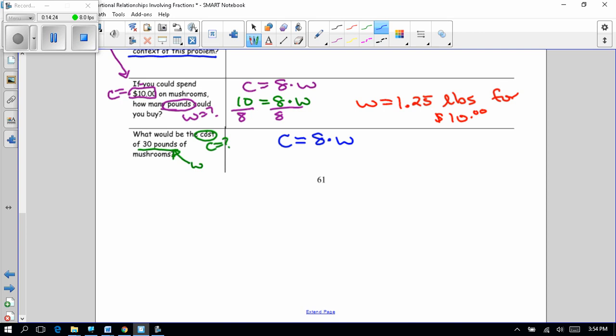So cost, I don't know, is equal to 8 times, and in this case, instead of writing W, I write 30. And 8 times 3, I know is 24, so I just add an extra 0 to it. $240, that's a lot of mushrooms.